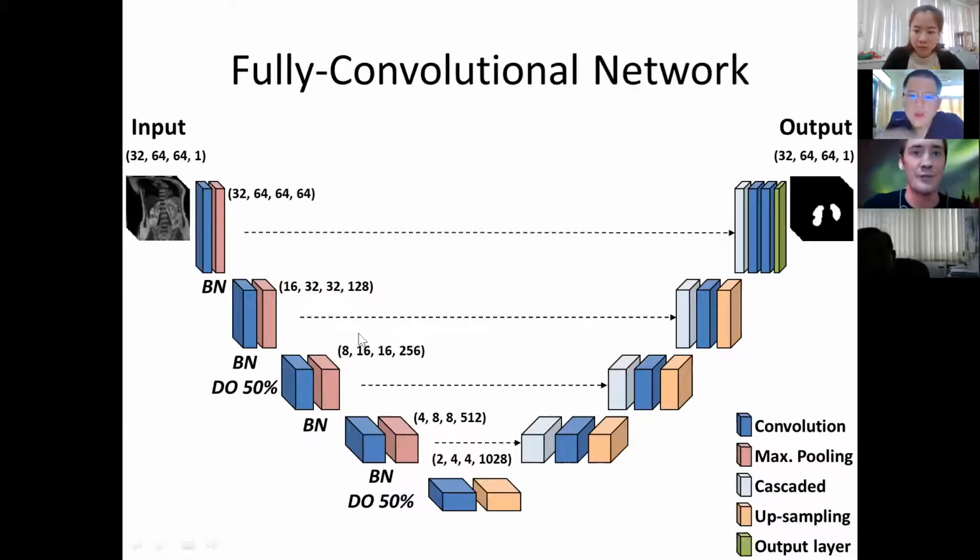I can't go into full details of the fully convolutional network because we would need a lot more time for that. But we can look at the second layer, and you can see here the data size has been reduced. This is as a result of 2x2 pooling, which essentially compresses the data. So we went from 32 frames to 16 frames, and 64 rows, 64 columns to 32 and 32.